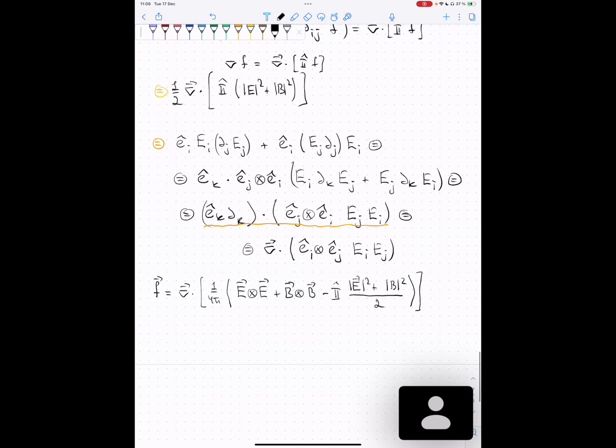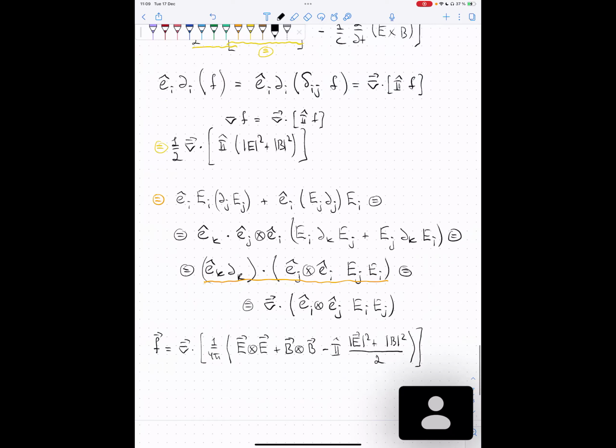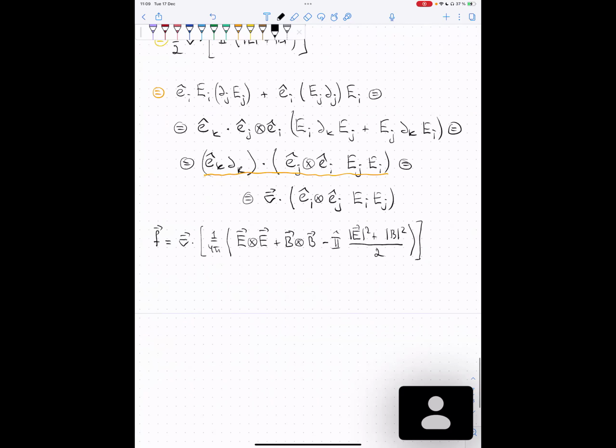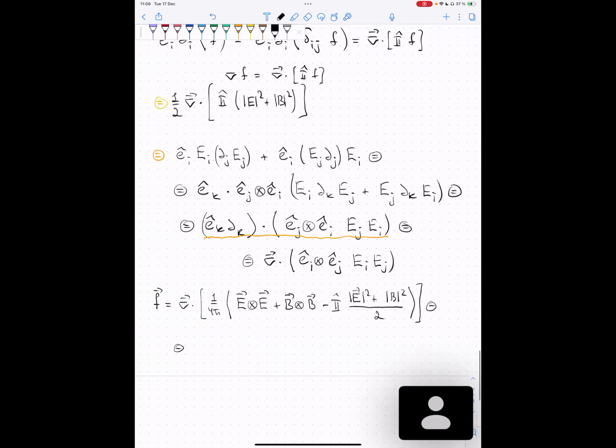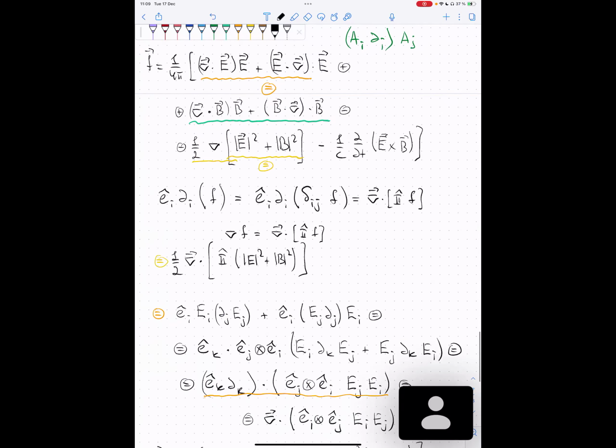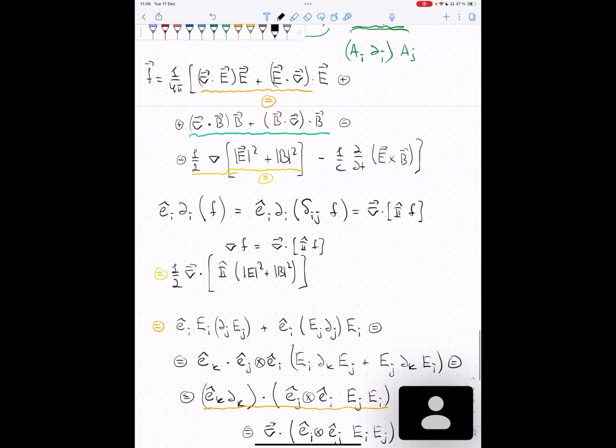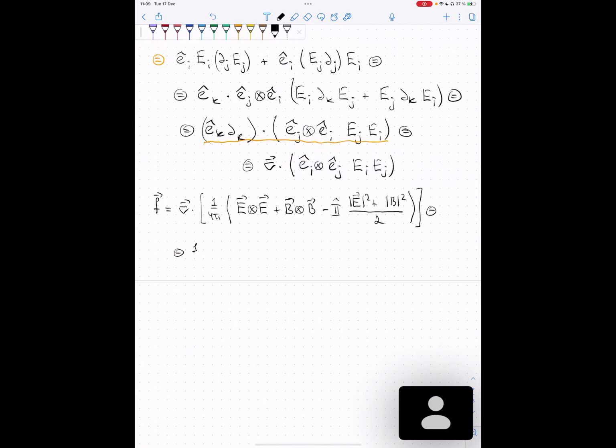And we also have minus 1 over 4 pi c, d over dt, E times B.